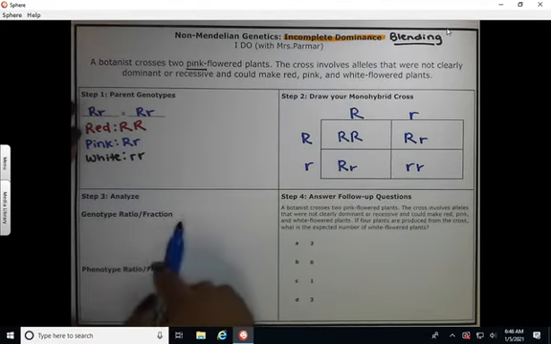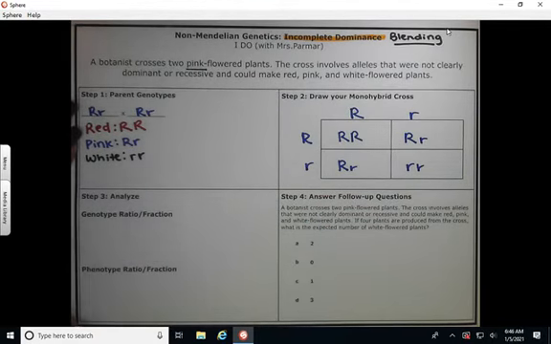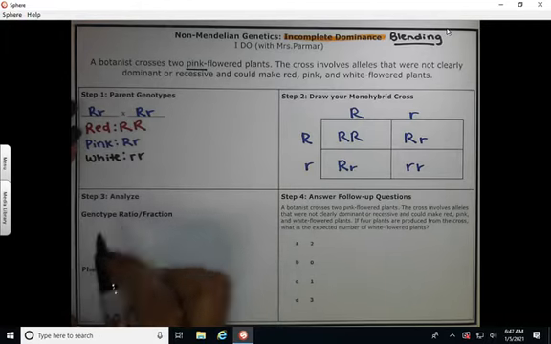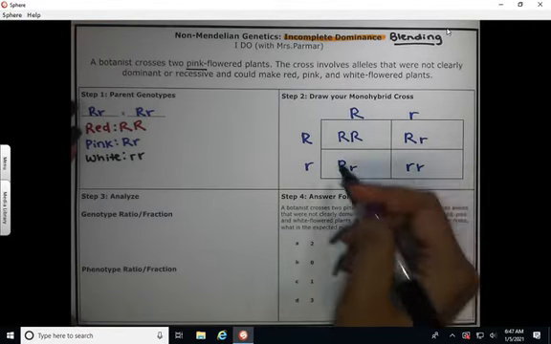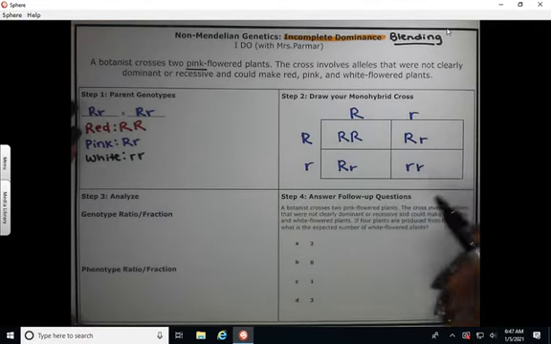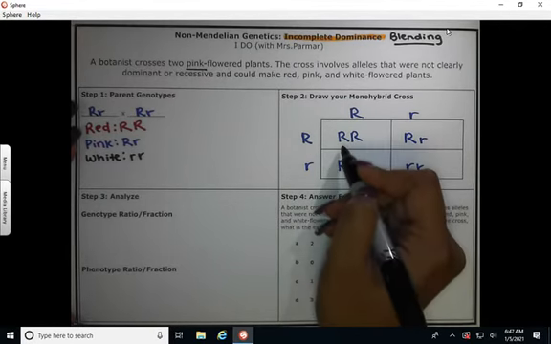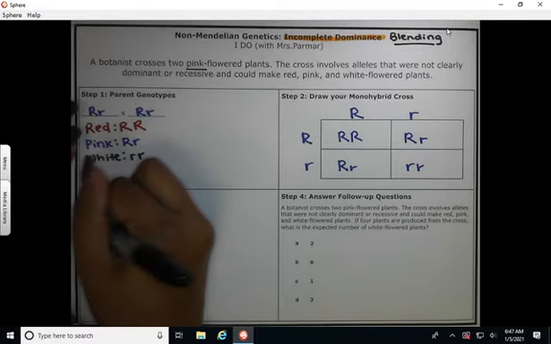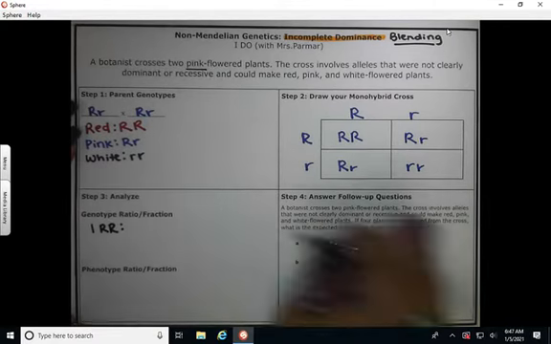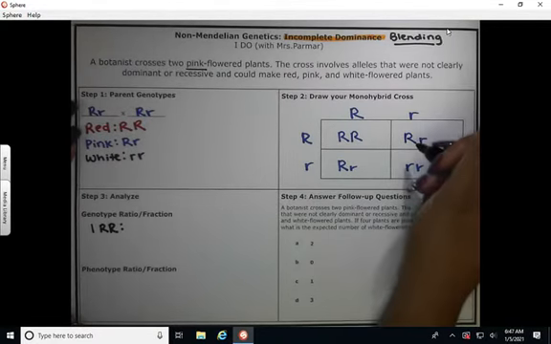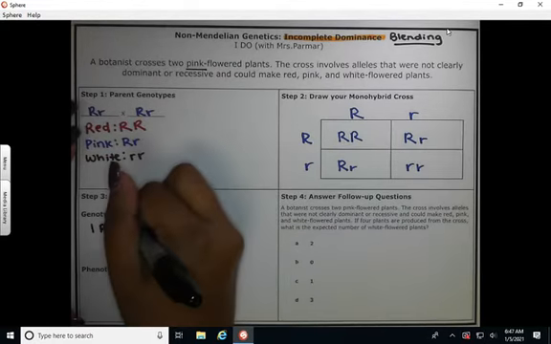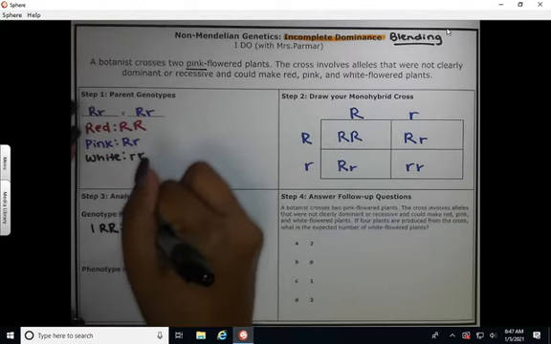Now it's our time to analyze. Genotypes mean what's inside of these boxes. What are their alleles, their genes? So I see that one child is big R, big R. Two children are big R, little r, the heterozygous.